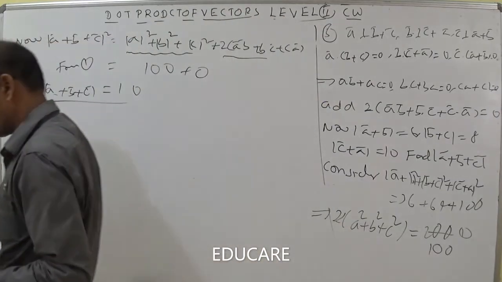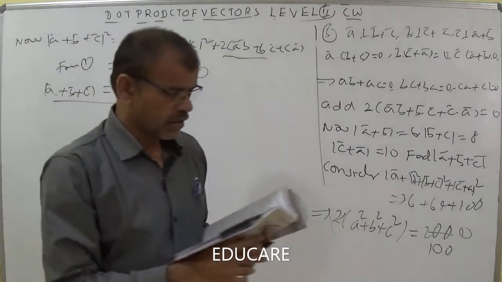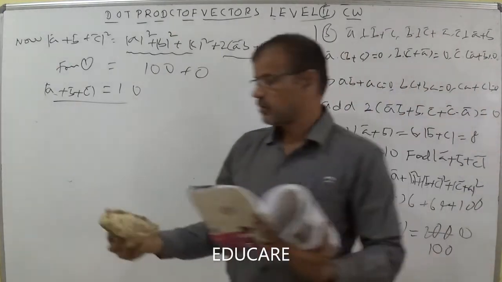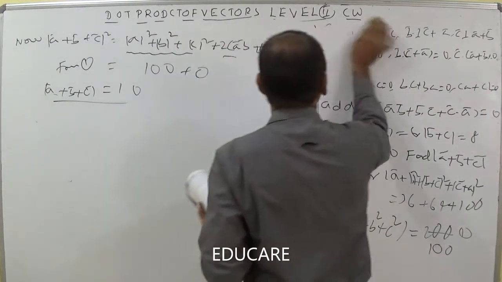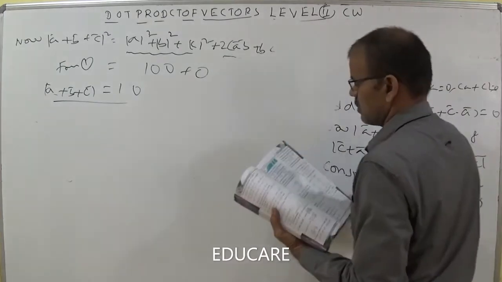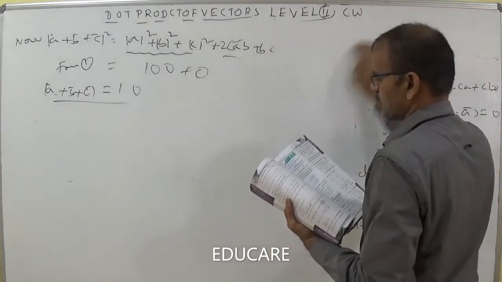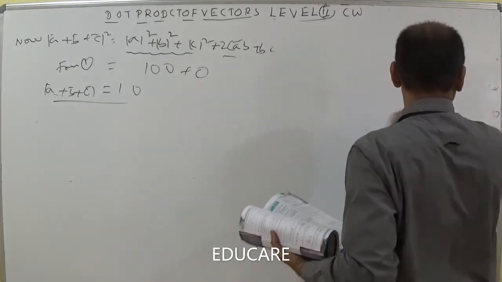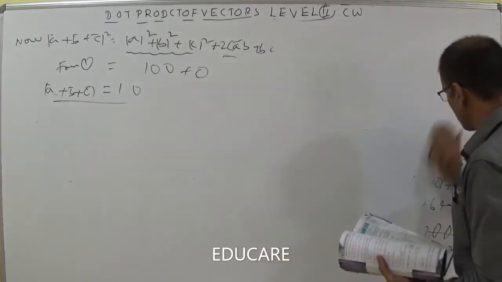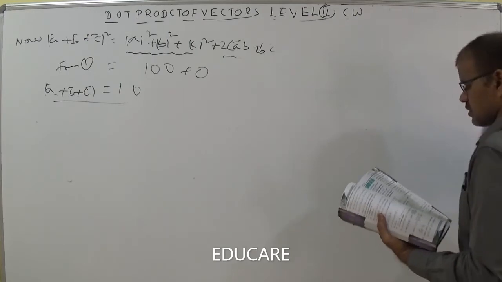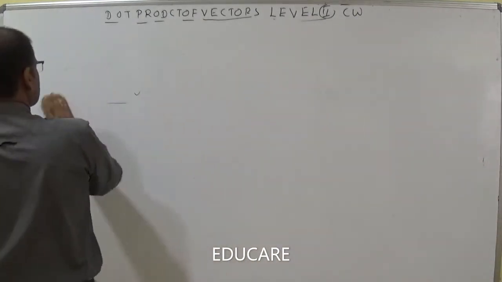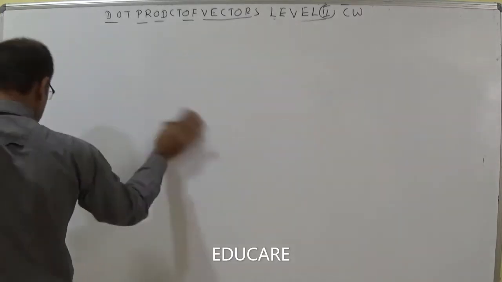Read the question carefully. The data he gave: B bar is equal to 4i plus 3j, a vector he gave, and C bar another vector. B bar and C bar are two perpendicular vectors to each other in xy plane, and there is no k, only i and j.